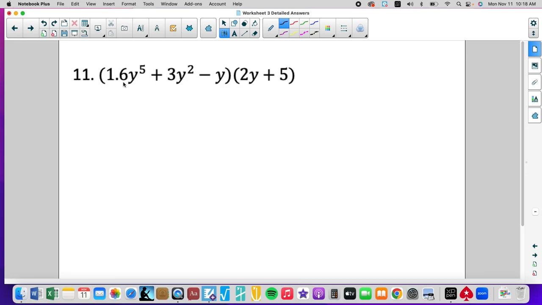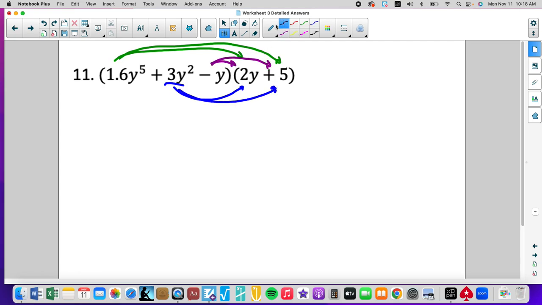This is a good one. So yeah, there's different ways. We can look at this as a 3. We're distributing. We're going to distribute this. And then we're going to distribute this. And pretty simple.